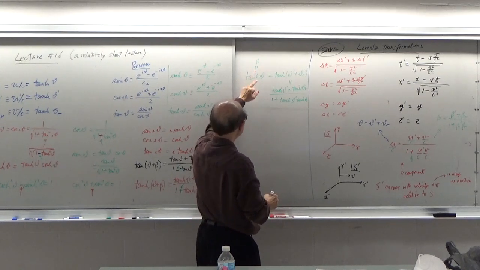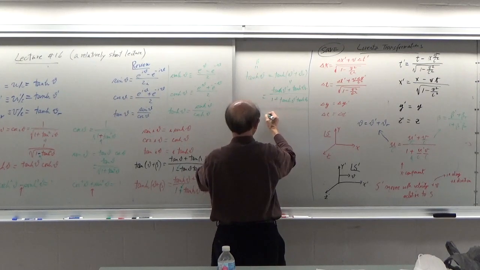But tangent theta is, as I said, beta. And what is this?